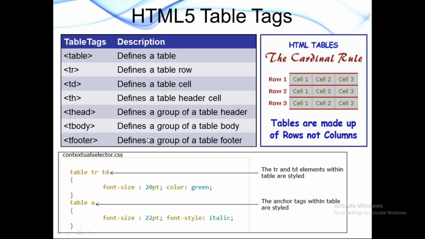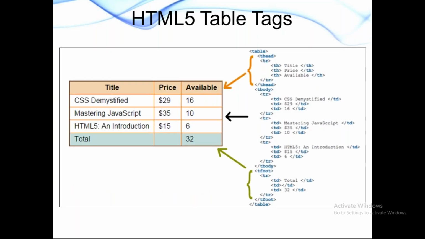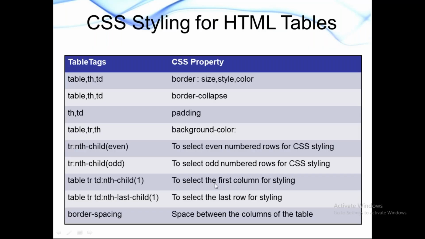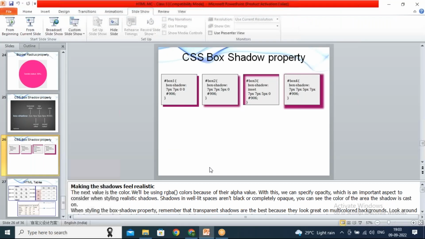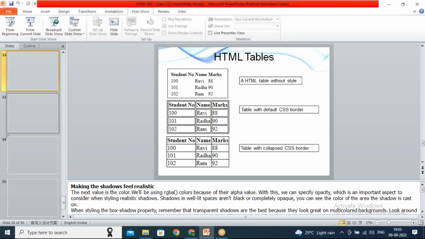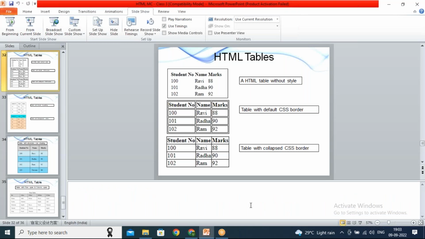So the column headings will go under the T head, the detail rows will go into the T body, and then the last one will go into the table footer. Okay, fine. Now I'll show you how to create a simple table.